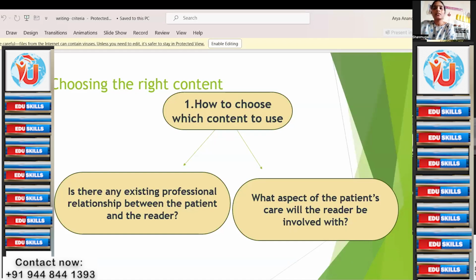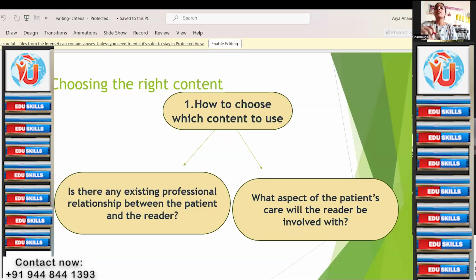Second, what aspect of the patient's care will the reader be involved in? If there is an existing relationship, look at the next question: if it is a GP, what aspect is the GP involved in for that patient's care? We have to keep this in mind to choose the right, relevant content.